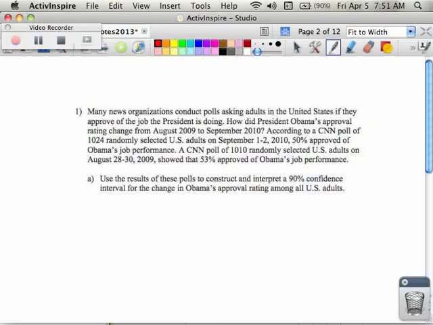So step number one, I'm going to start writing at the top because I'll probably run out of room if I don't.